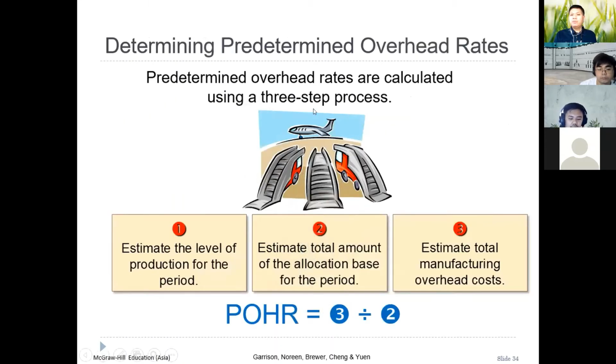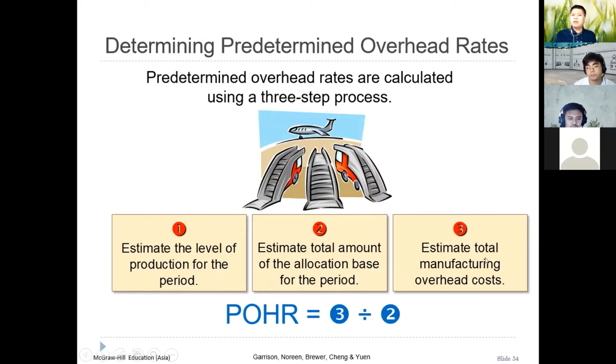Now, the predetermined overhead rates are calculated using these three steps. One, estimate the level of production for the period. Number 2, estimate the total amount of the allocation base for the period, and then estimate the total manufacturing overhead cost. What's the formula? 3 divided by 2.